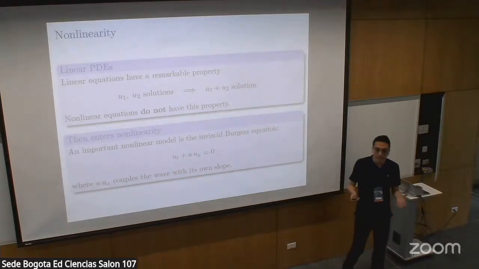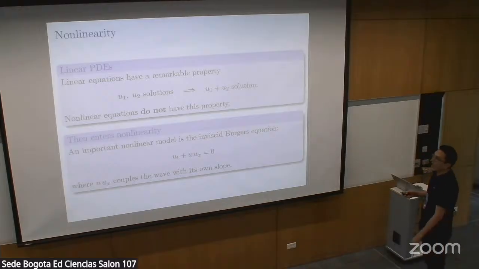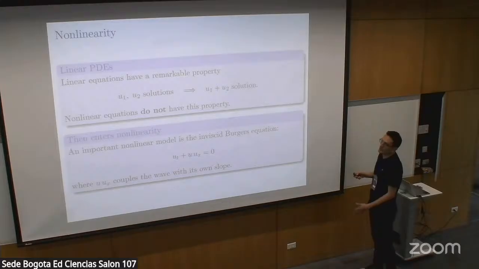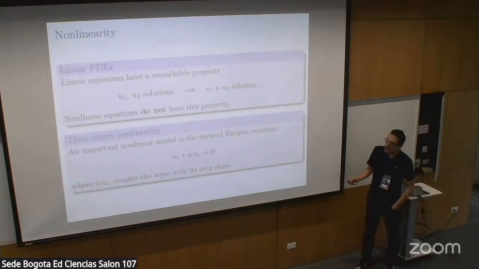That is what it means for a PDE to be linear. Nonlinear equations do not have this nice property of superposition. The typical example that we study is the one you observe here, a classical example, the Burgers equation.